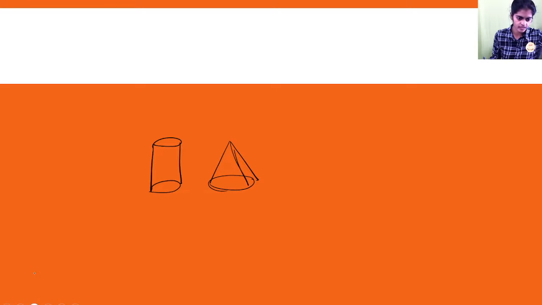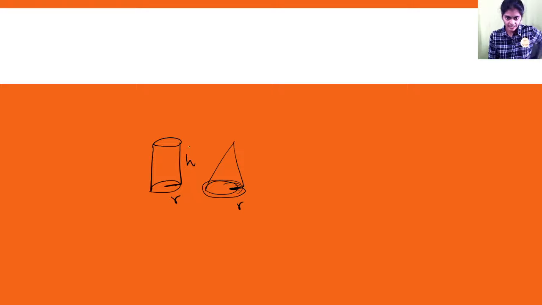I have taken a cylinder and a cone. Just imagine, the radius of the cylinder and the radius of the cone are the same, and the height of the cylinder and the height of the cone are the same.